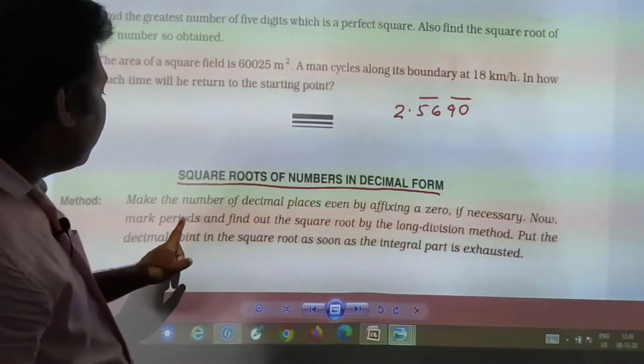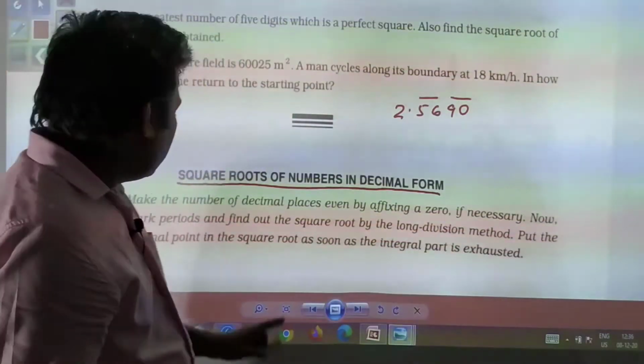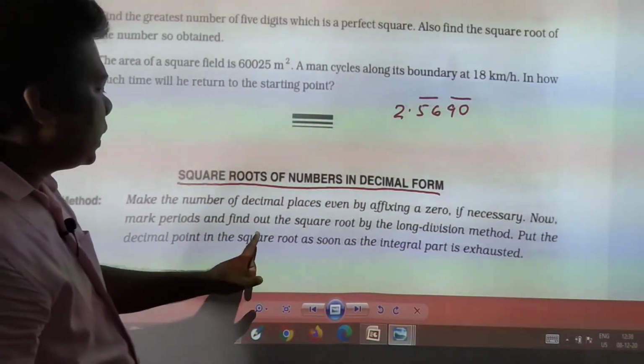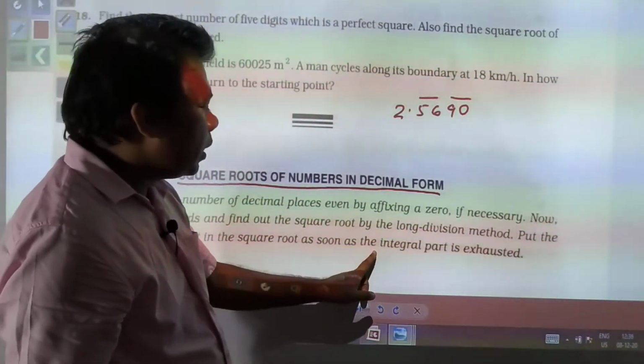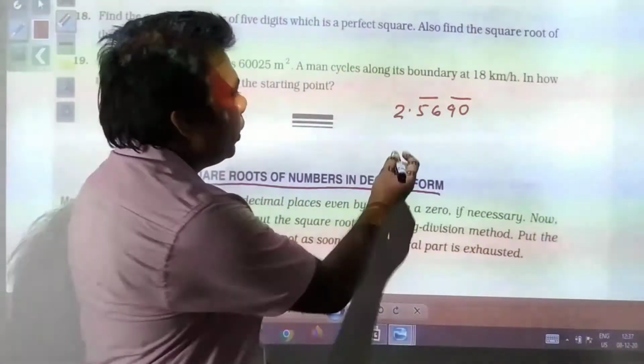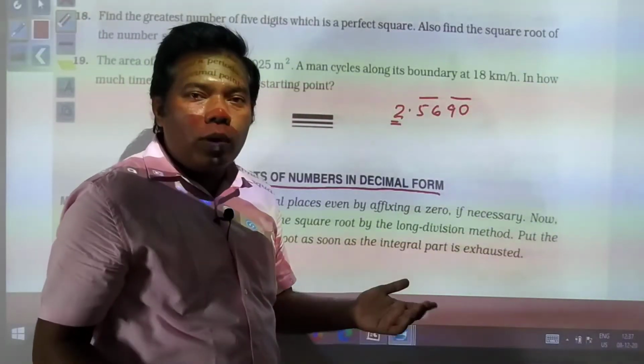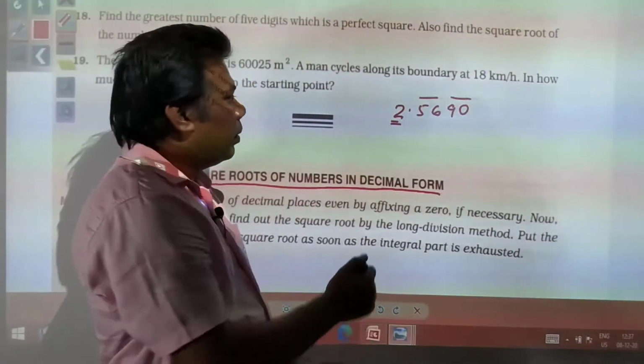Now mark periods and find the square root by the long division method. Put the decimal point in the square root as soon as the integral part is exhausted. Suppose this is your integral part. For the integral part the same rule will be applied as we have done before.